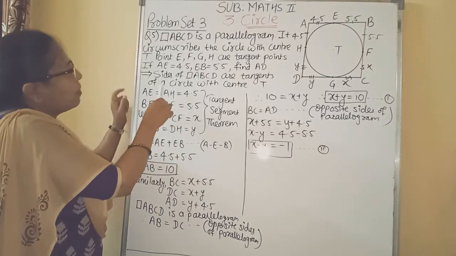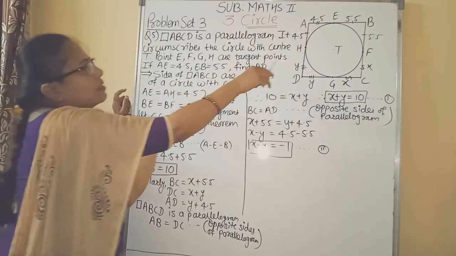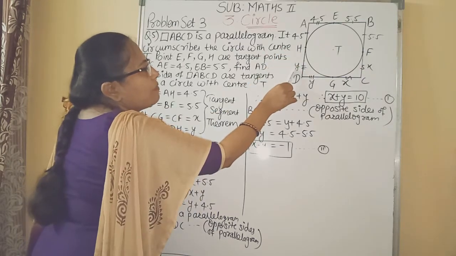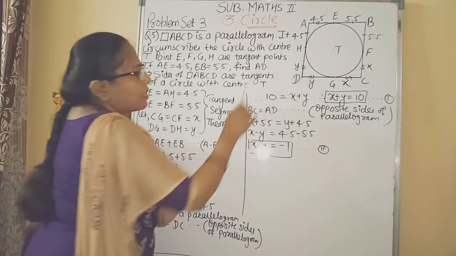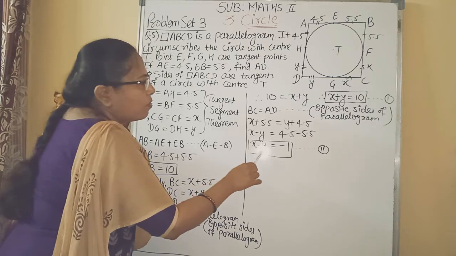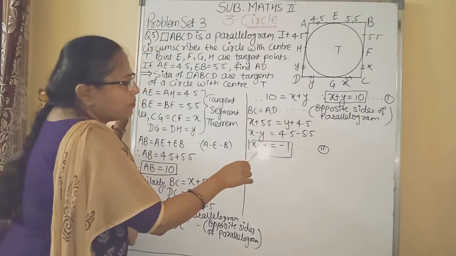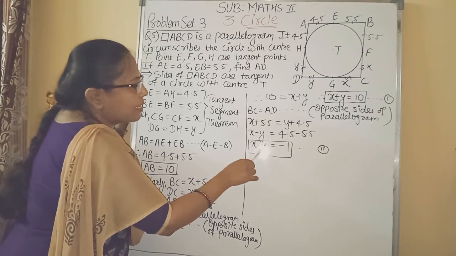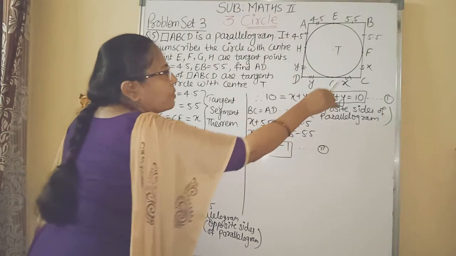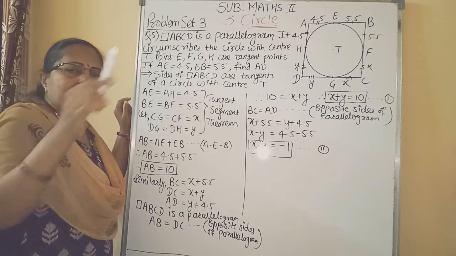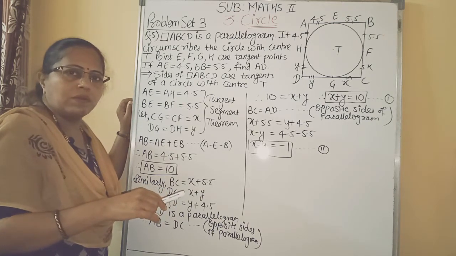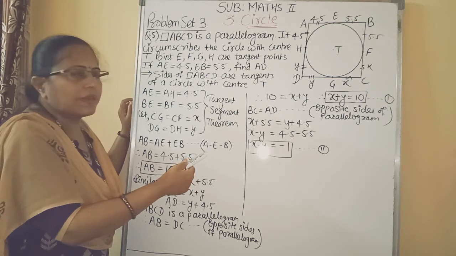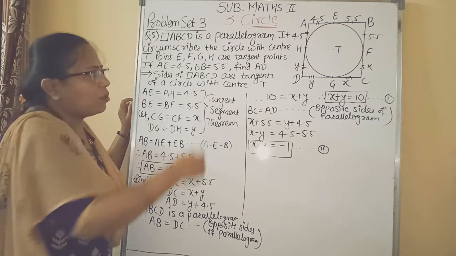We want to find the length of side AD. So if we want to find AD, which variable value do we want? y. So to get the value of y, we have to do subtraction here, because if you add, y gets cancelled and you will get x, and then by substitution you have to find y. So instead we will subtract the equations so we can directly get the value of y.